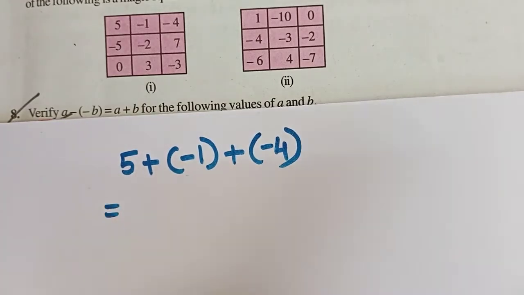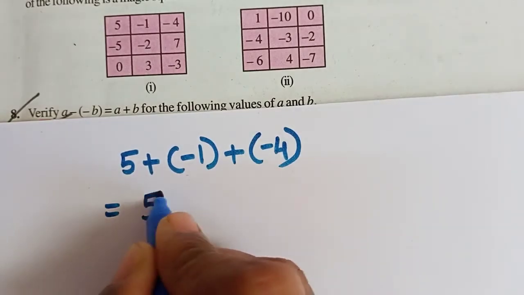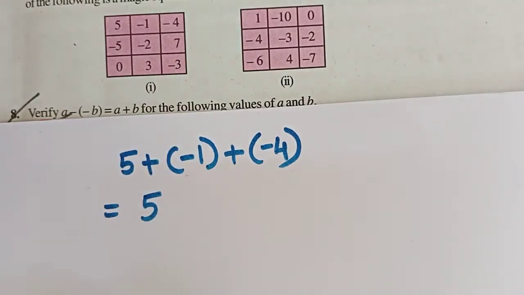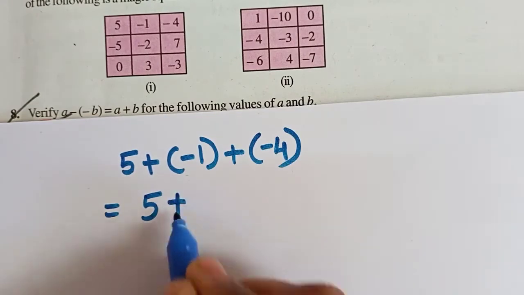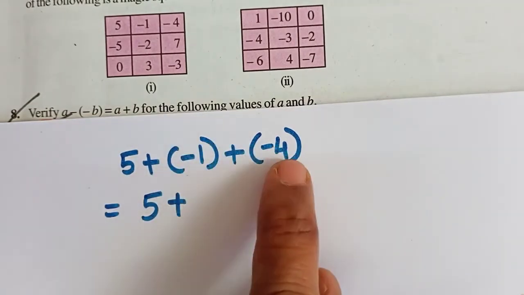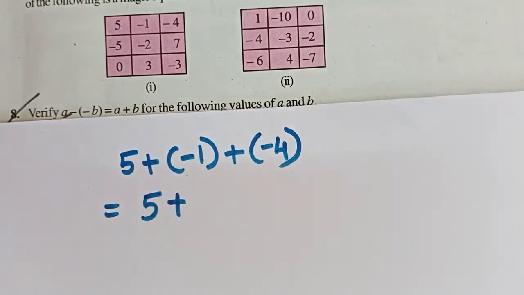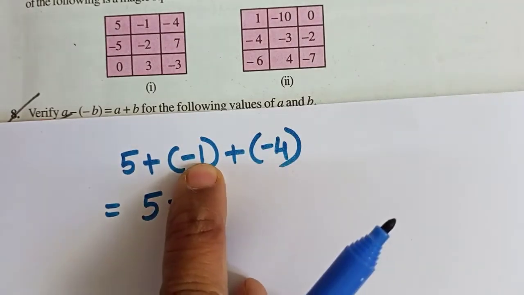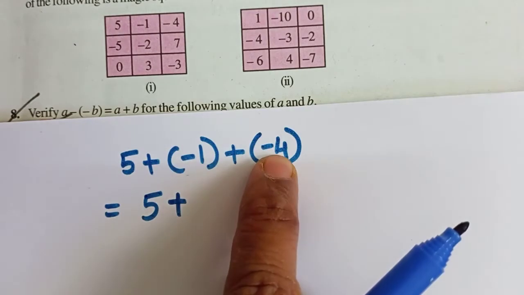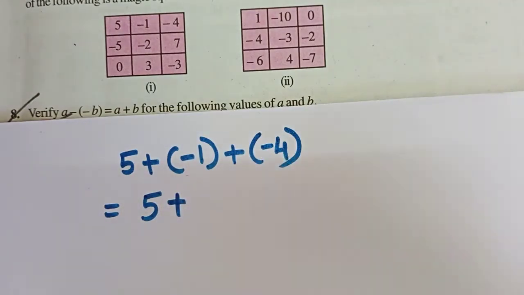So we want to add these three. Now what happens? 5 plus minus 1 plus minus 4. Only this one is positive; these both are negative, so we can add them up.